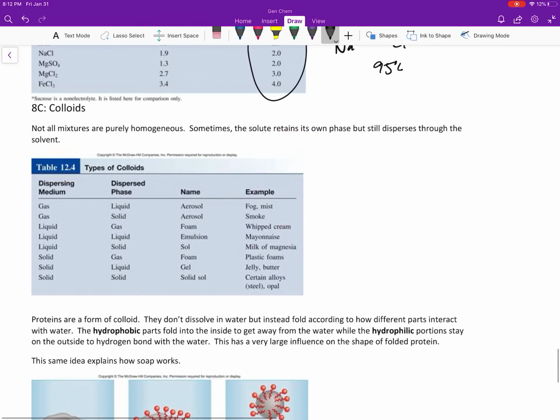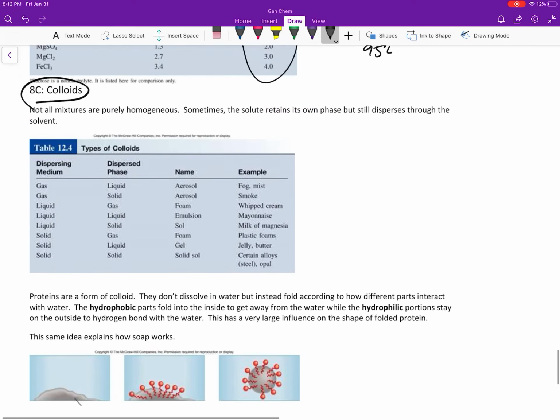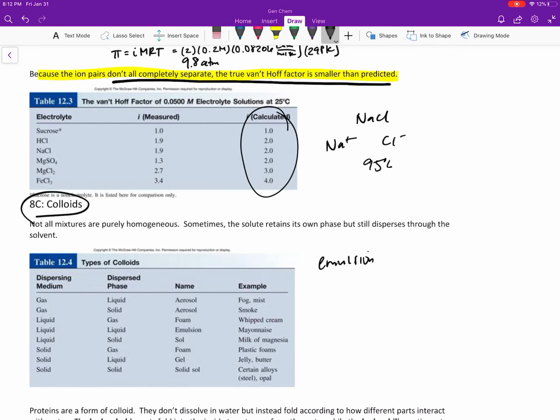Then I told you to make sure you read about colloids and emulsions. There's a whole section with this that's got definitions and things like that that you need to go and read. It's kind of like they're in between. They're not heterogeneous.